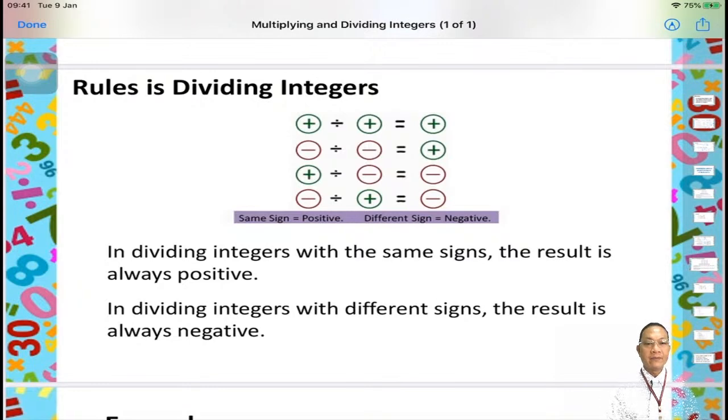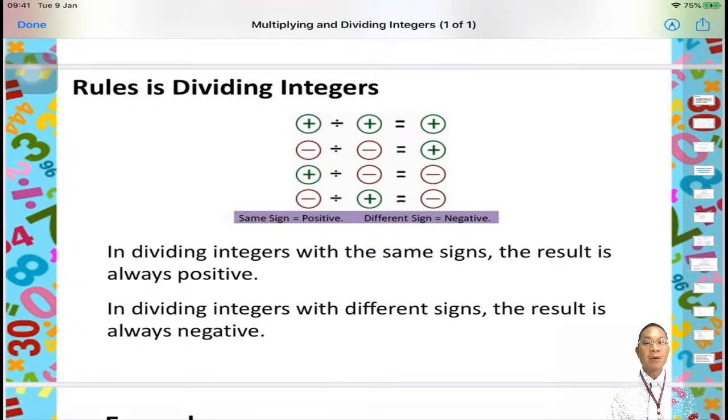So we have, again, the signs. In dividing integers, we have positive divided by positive is positive. Negative divided by negative is positive. Positive divided by negative is negative.